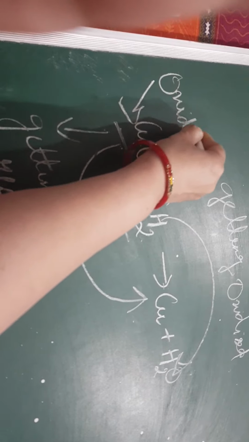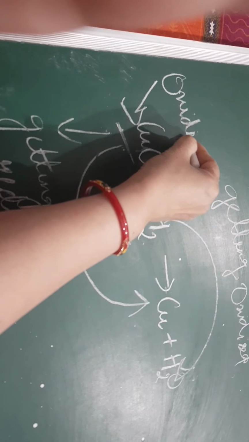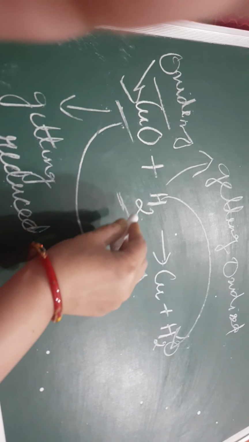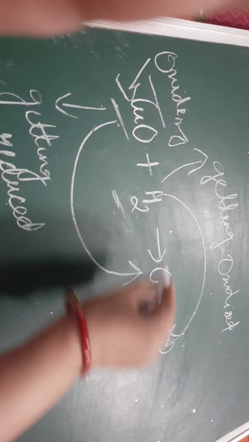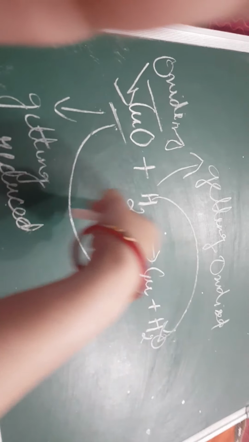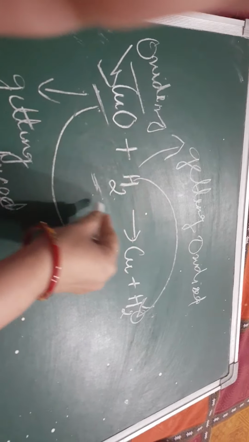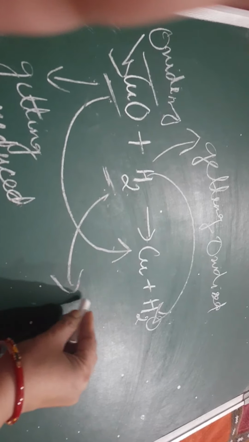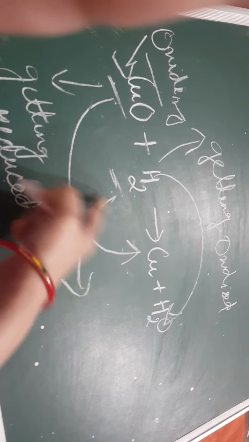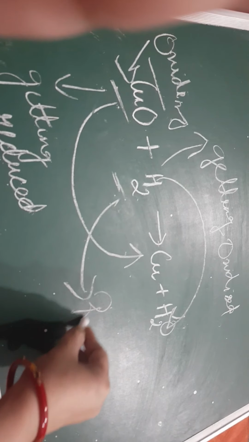so copper oxide is the oxidizing agent. Hydrogen, as it is gaining oxygen, is getting oxidized. As it is getting oxidized, it reduces copper oxide, so hydrogen is the reducing agent.